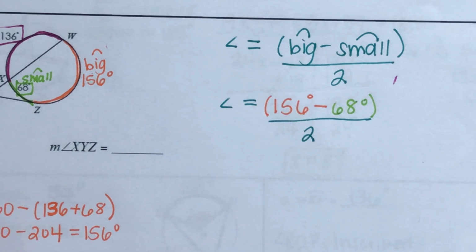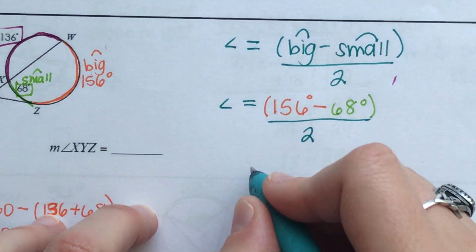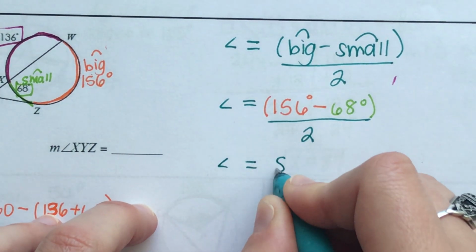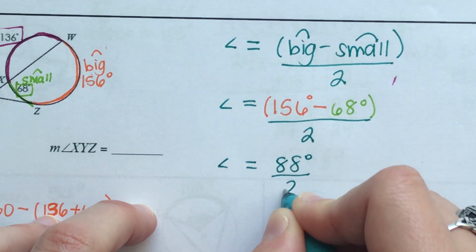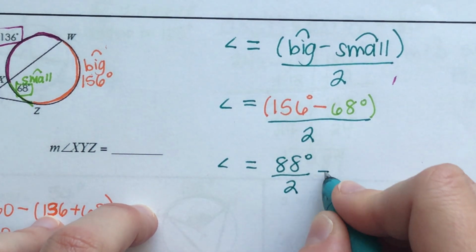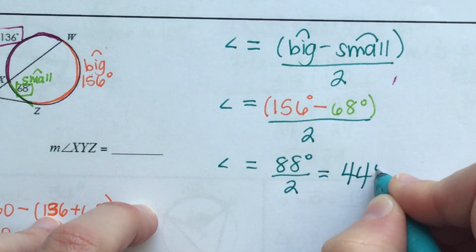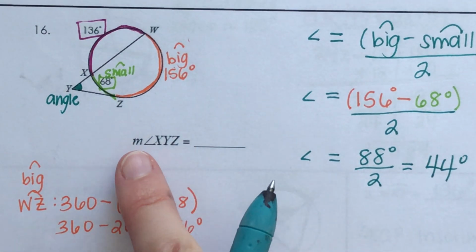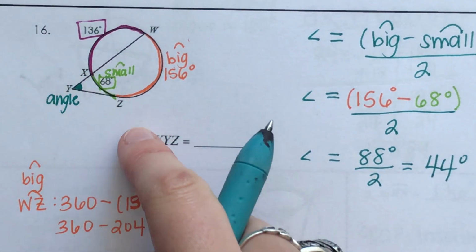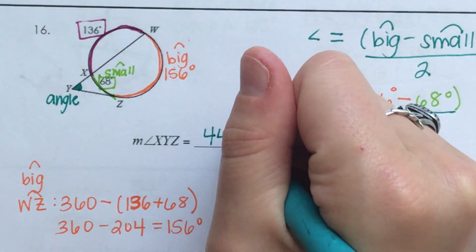So if I subtract 156 minus 68, I will get 88 degrees. And if I divide 88 degrees by 2, I get 44 degrees. So this measure of angle XYZ is 44 degrees.